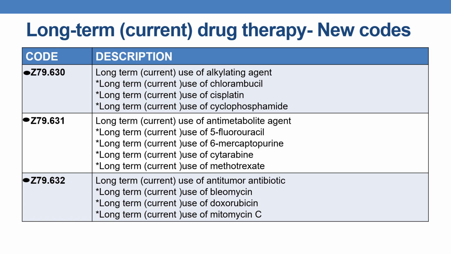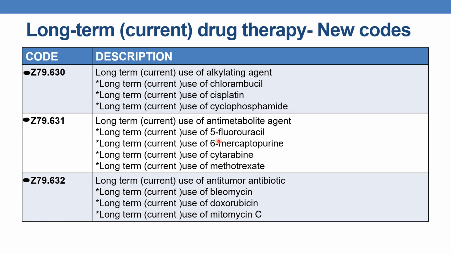The next is Z79.630, long-term use of alkylating agent, or whenever the physician documents long-term use of chlorambucil or cisplatin or cyclophosphamide, any of these drugs, the code is Z79.630. The next is Z79.631, long-term use of anti-metabolite agent. These are all anti-cancer drugs.